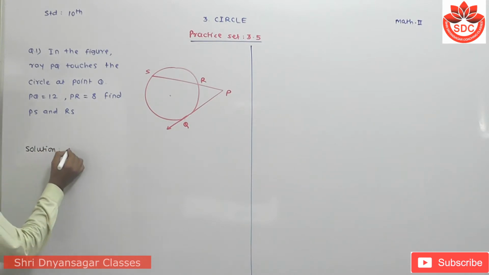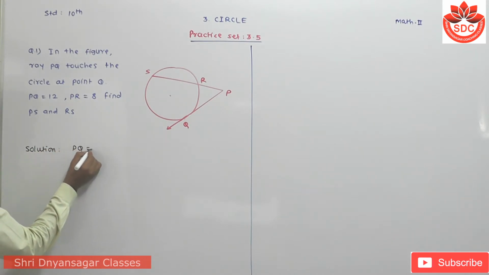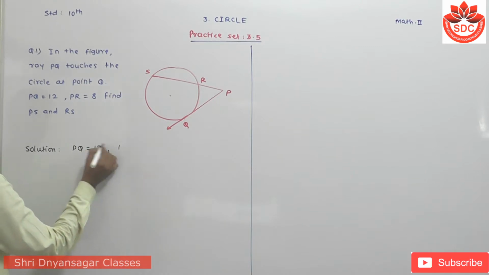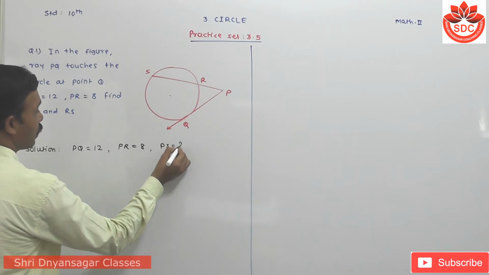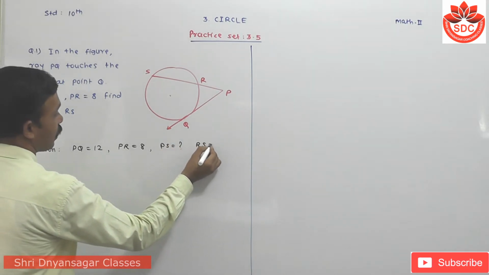here the length of PQ is given as 12, and PR is given as 8. We have to find PS and RS.